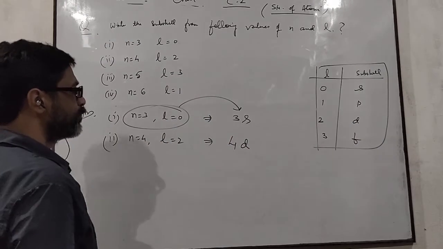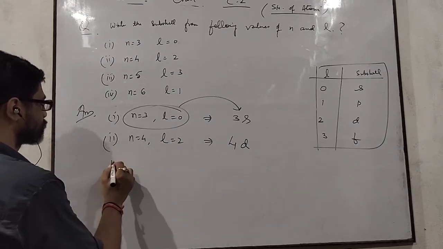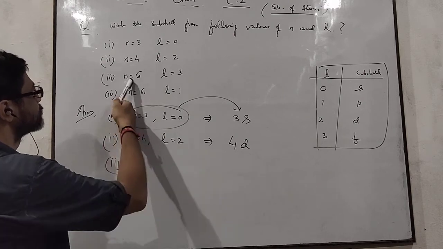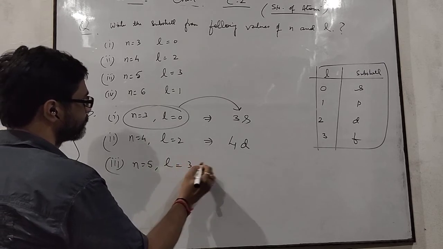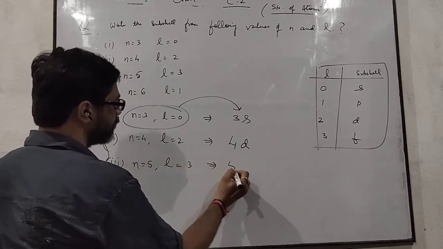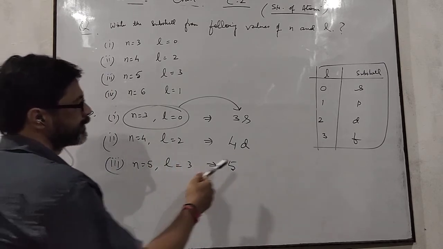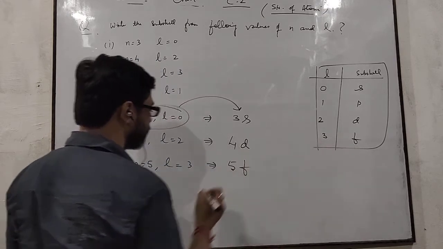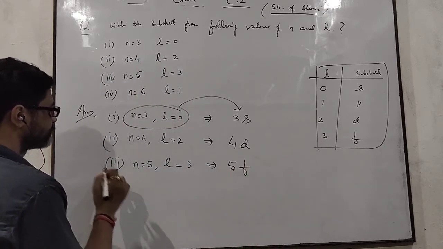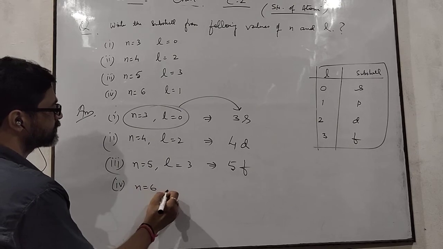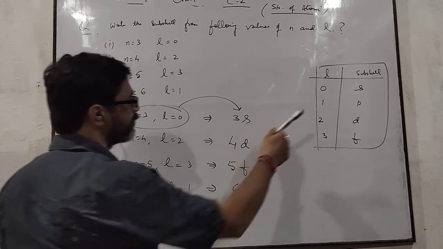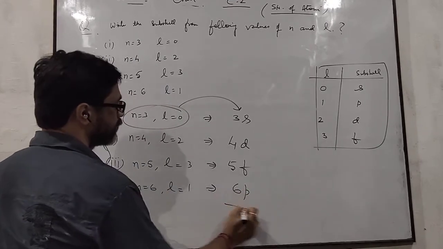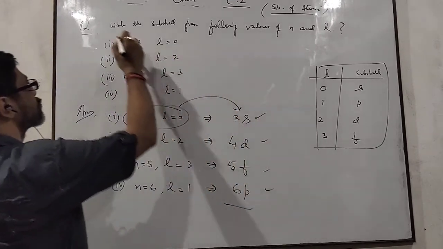Means 4d subshell is represented by these values. Third one is n equals 5, l equals 3. Fifth shell, and the value 3 is for f subshell, so 5f. Fourth, n equals 6, l equals 1. Means sixth shell and l equals 1 for p subshell, so 6p. These are the answers for this question.